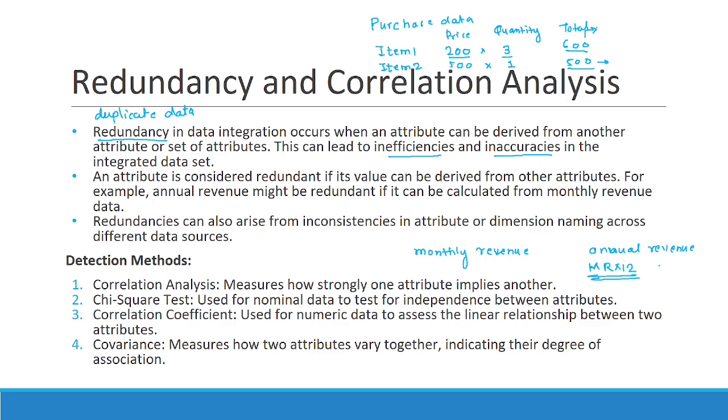There is no need, because we are deriving that annual revenue from this column. So this annual revenue here is redundant, and we should not store such redundant data in our data set.